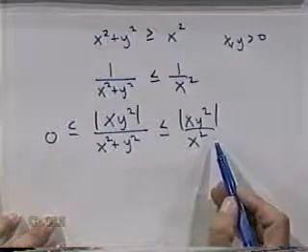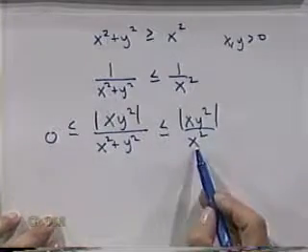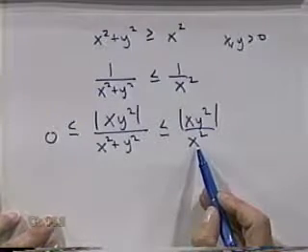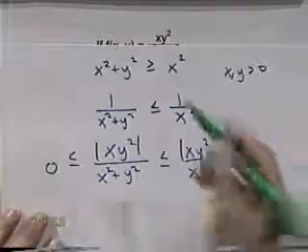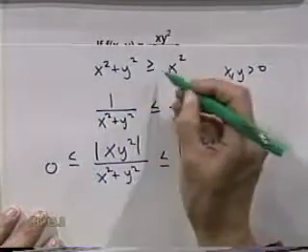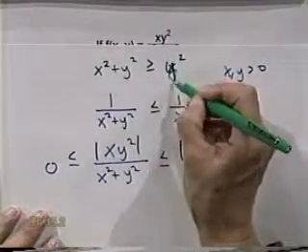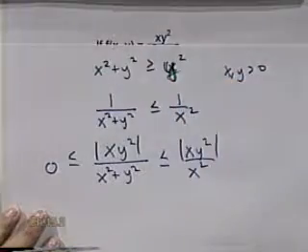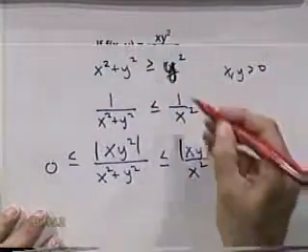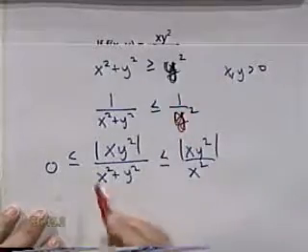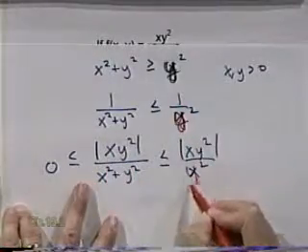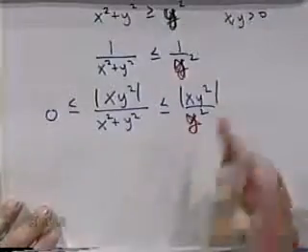And this one, oh, I didn't want x squared on the bottom. What do I want? I'd love to have y squared on the bottom so that they would cancel. So let's go back up here. Would we all agree that x squared plus y squared is bigger than or equal to y squared? We all okay with that? So 1 over x squared plus y squared is less than or equal to 1 over y squared. So if I multiply through by that, I'll have a y squared here. Now the y squareds cancel.